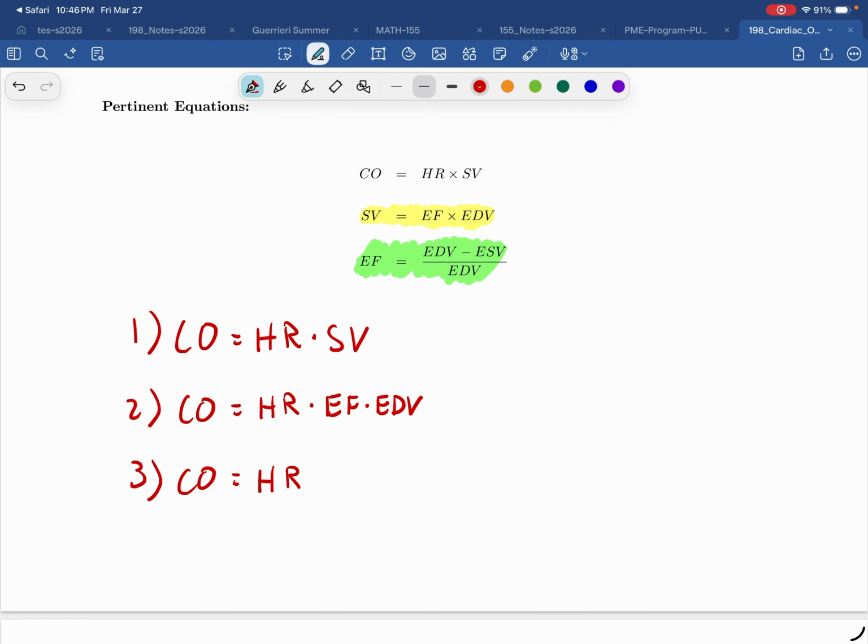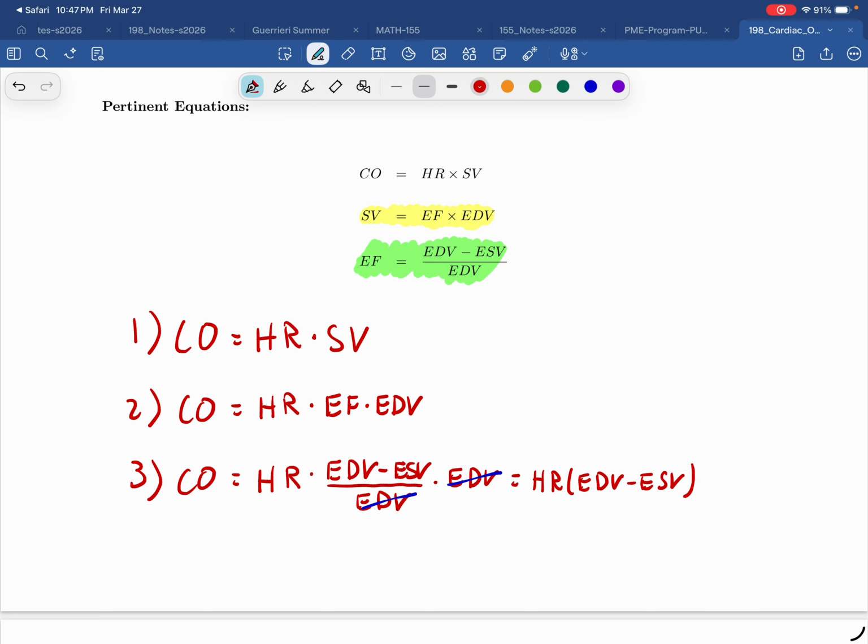We have heart rate times, instead of ejection fraction, this fraction right here, but then that's being multiplied by diastolic volume. And so we see that they cancel. So this is actually heart rate times the quantity EDV minus ESV.